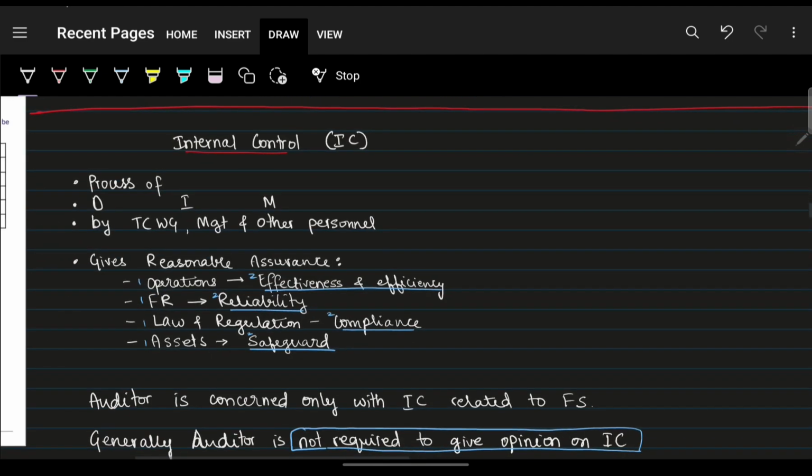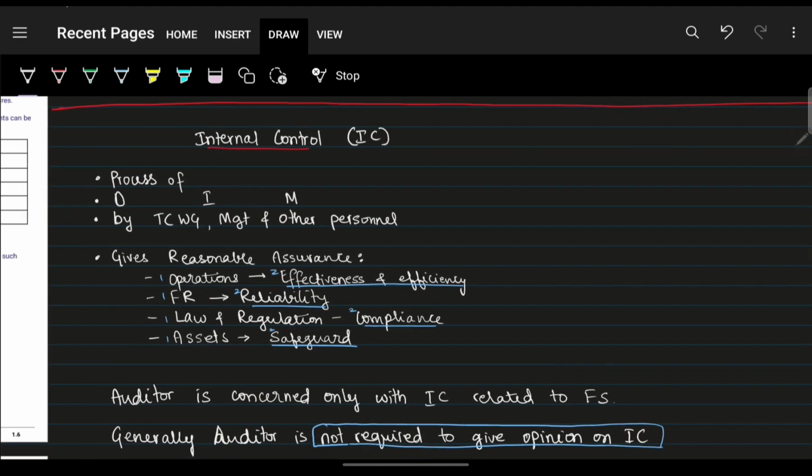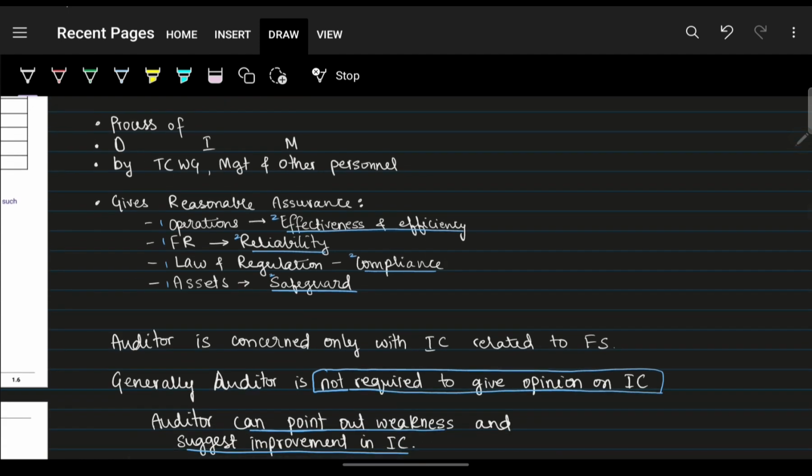Okay, next, what is internal control? Internal control is a process designed, implemented and maintained by TCWG, or those charged with governance, management and other personnel, who give reasonable assurance as to the effectiveness and efficiency, the reliability, compliance and the safeguard.